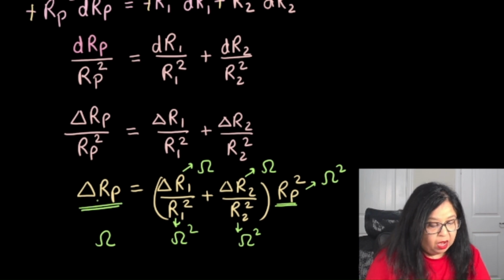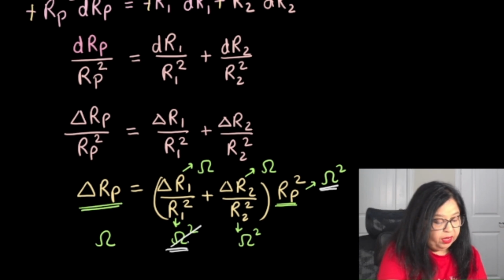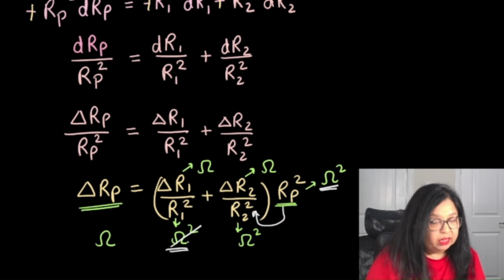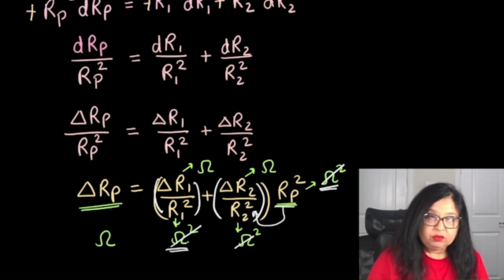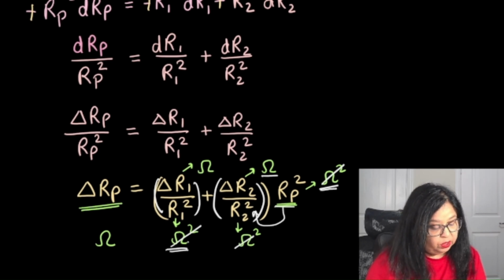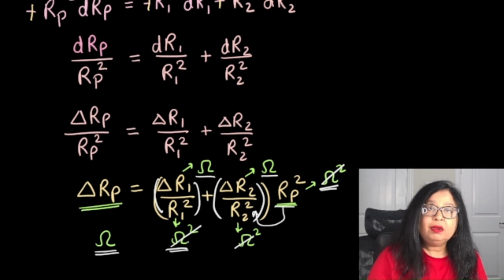So when you multiply them out, you can see that ohm squared in the first term cancels out this ohm squared outside the parentheses. Why? Because when you open these parentheses, Rp squared will multiply the first term, plus it multiplies the second term. So you see that ohm squared cancels out, and you are left with the units of ohms on the right hand side as it is on the left hand side. So dimensionally this equation is correct.